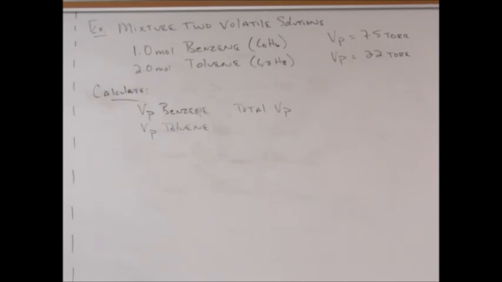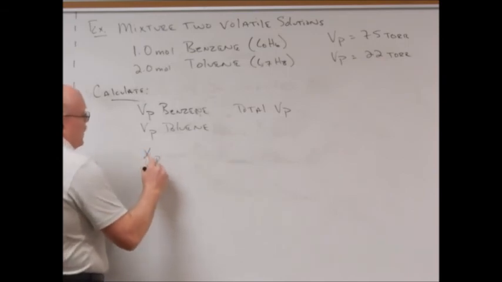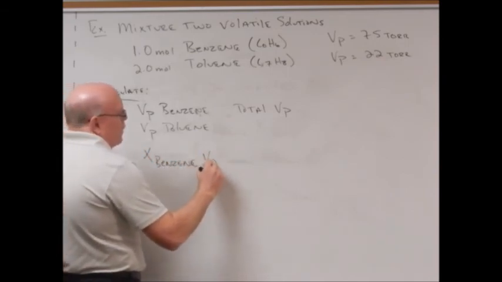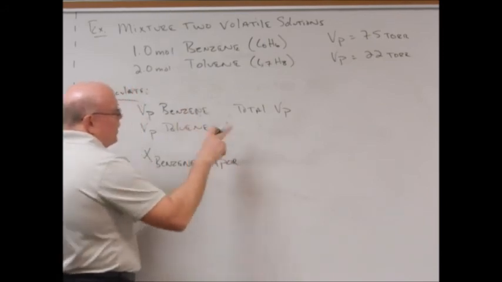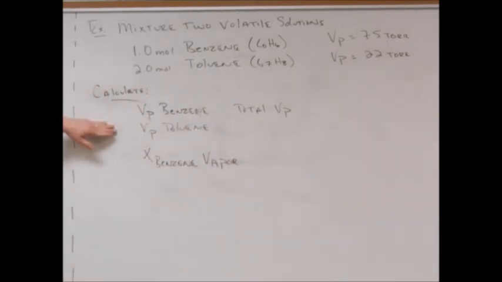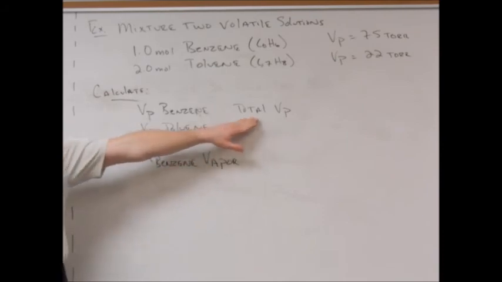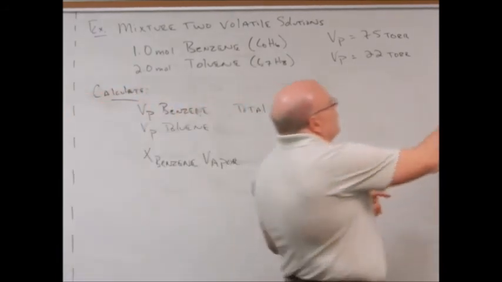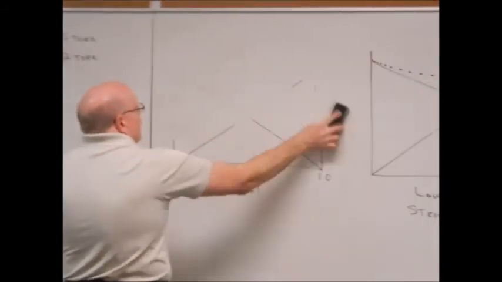And then we're going to look at the mole fraction of the benzene in the vapor. I'll show you how we do each part of that. So we're going to find the individual vapor pressures, the total they add up to, and then I want to find out how much of the benzene is actually in the vapor. Not in the solution, it's actually escaping from the material. Let's go one by one.